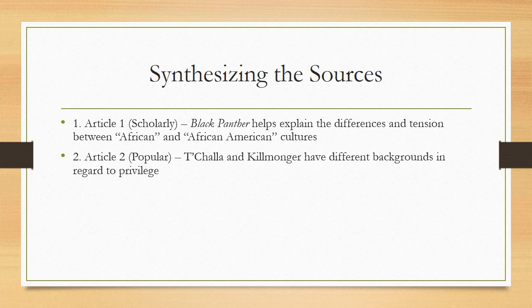Now, this movie is just one example, and there's all kinds of poverty throughout different places in Africa, but the specific fictional culture from which Black Panther comes from in the film and comic books is a very privileged culture. So what this article is really doing is looking at 2 different racial groups of the same descent, but who grew up in different areas, and one had privilege and one did not.